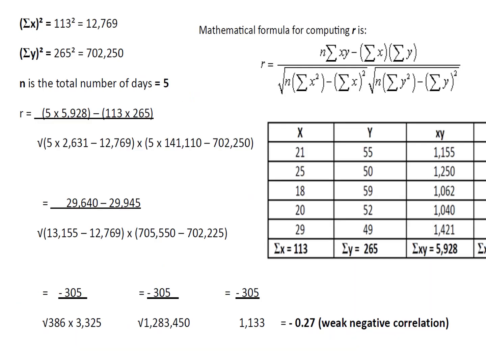So the data comes here, so we can see that if we take x and y, the sum of xy is 5928, times by the number, which is 5. So again, you can see 5928 times by the number of rows, which is 5. You just put the data in, minus the sum of x times sum of y.